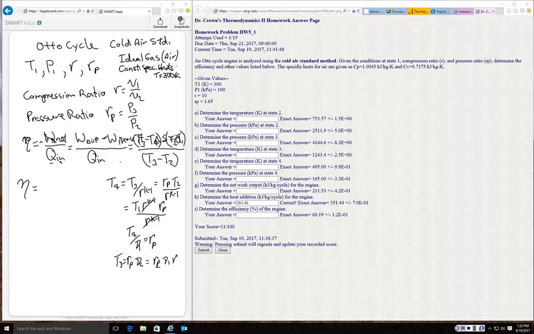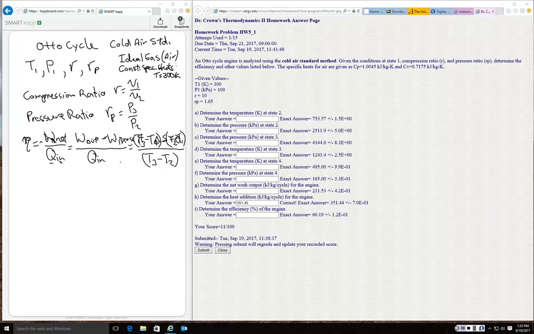Alright, let's come up with a simplified expression for efficiency with all these temperatures. And let's write just a quick summary again of the T2 equals T1 R to the k minus 1.